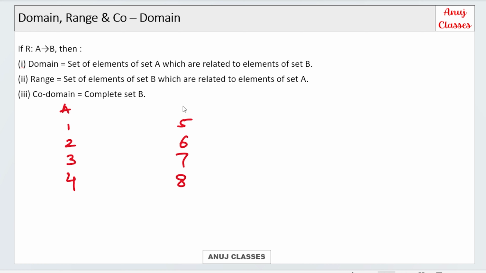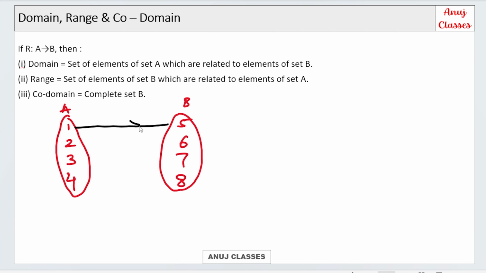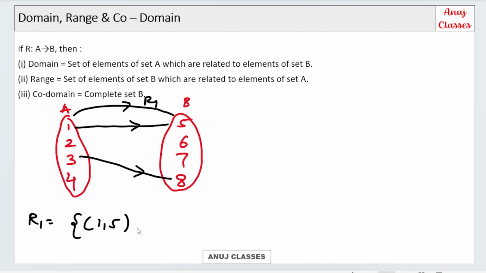So this is set A, this is set B. Now here we have one of the relations such that (1,5) and (3,8) are in pair, and this is R1. So I can write R1 is equal to (1,5), (3,8).